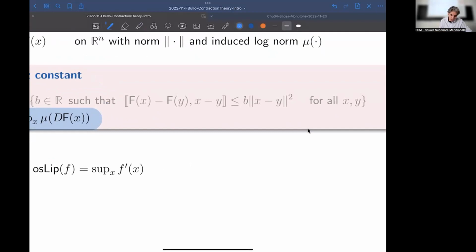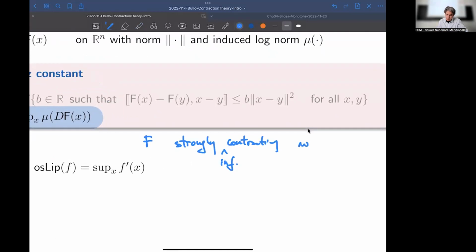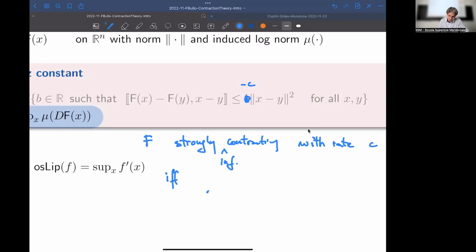And this formula says that F is strongly contracting infinitesimally. Let me add the word infinitesimally because it's an ODE with parameter, well, with rate minus C. So here instead of B, I will plug in minus C with rate C. If and only if the inner product between F at X minus F at Y, X minus Y, is upper bounded by minus C times the norm of X minus Y squared.